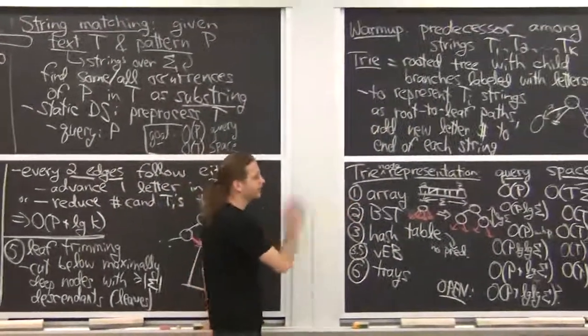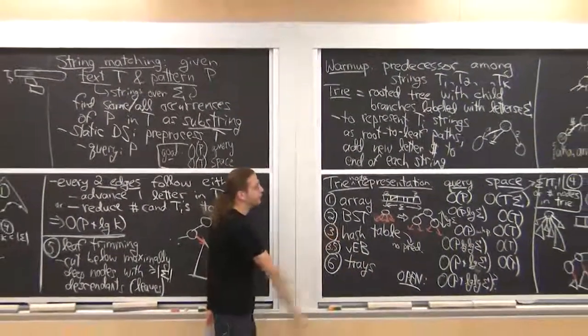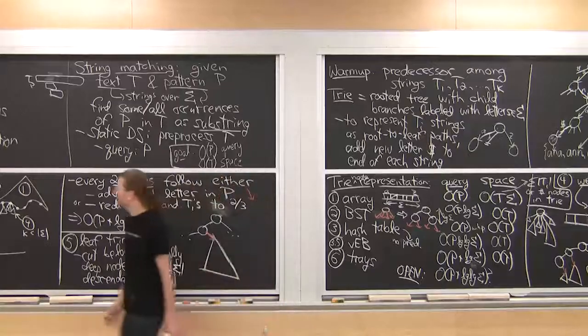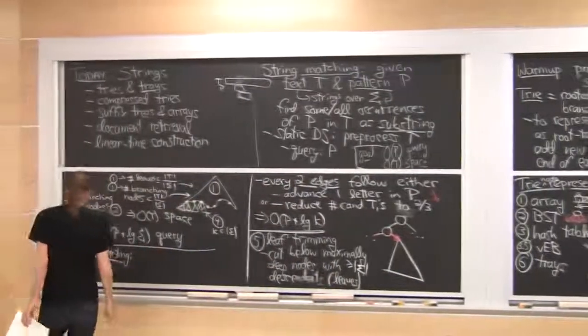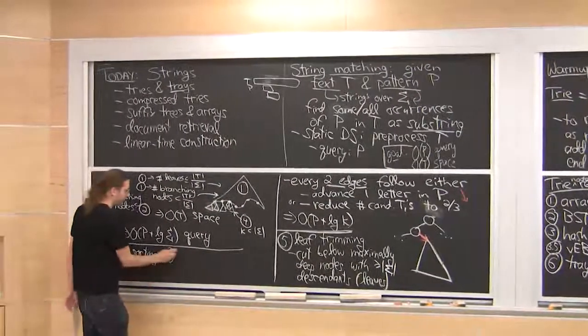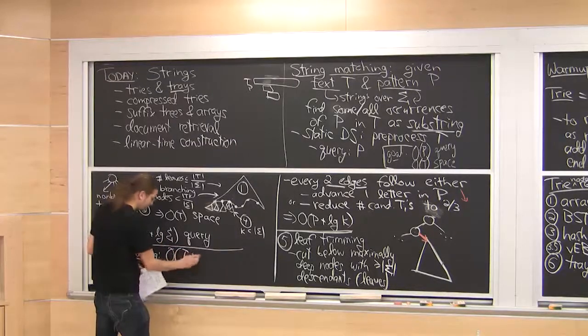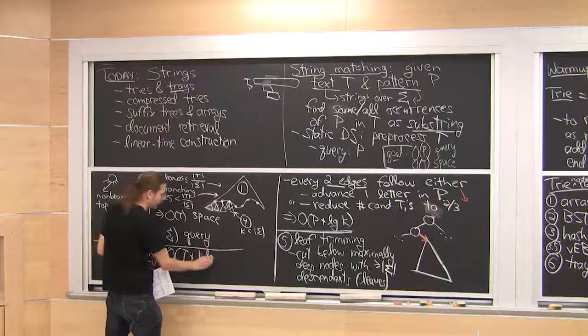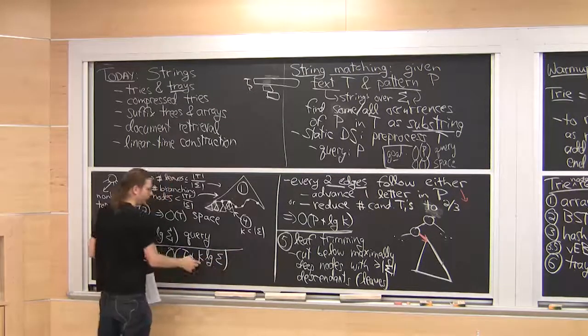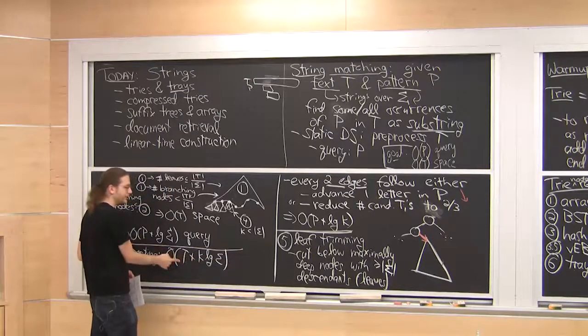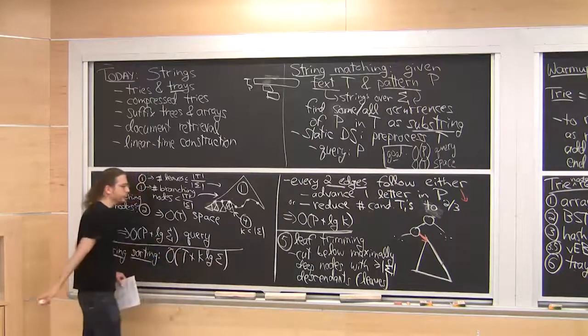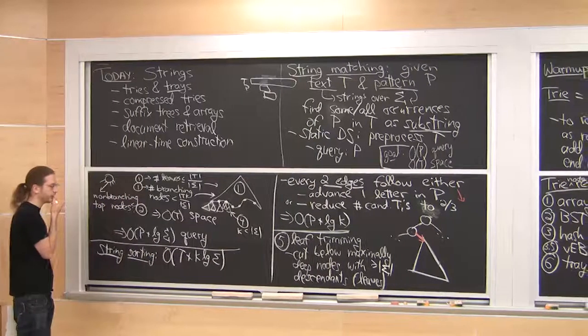Now you have to maintain all of this funky stuff, but weight balance trees can be made dynamic, and indirection can be made dynamic. So in this simple incremental scheme, you end up with t plus k log sigma to sort k strings of total size t with alphabet size sigma.